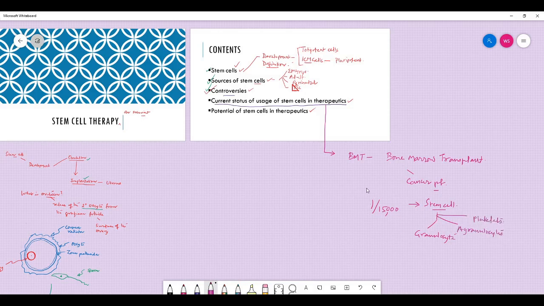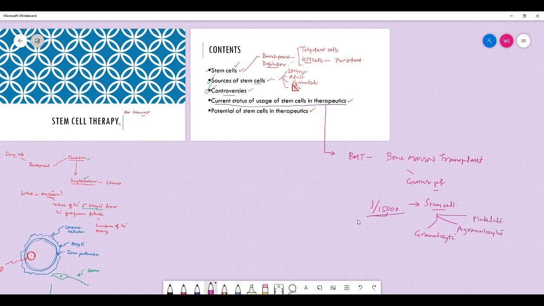So this is the reason why we are doing bone marrow transplant. But the efficiency, you see, is 1 in 15,000 cells. So it takes time for the stem cells to be established and for these cells to be formed.